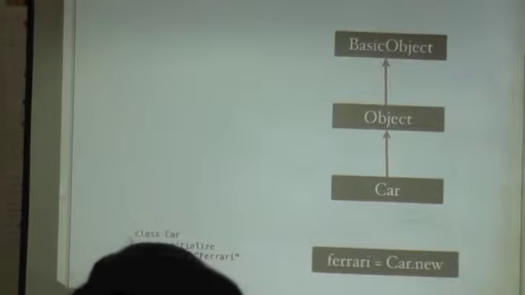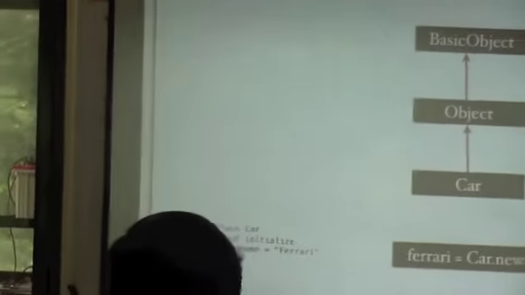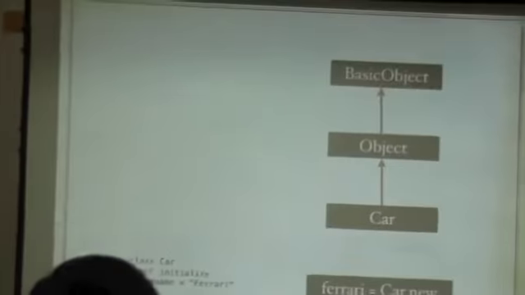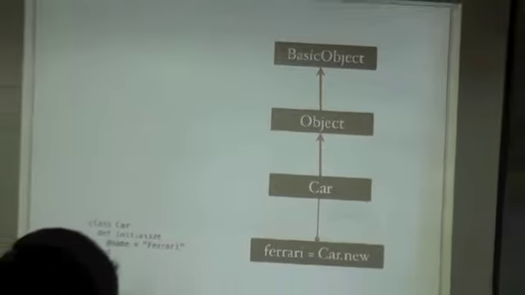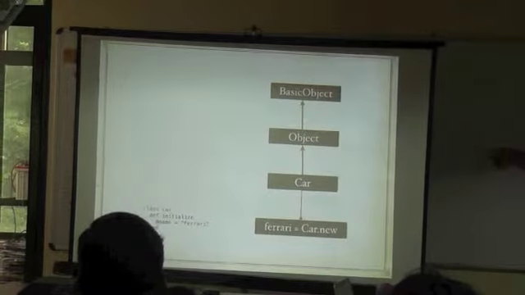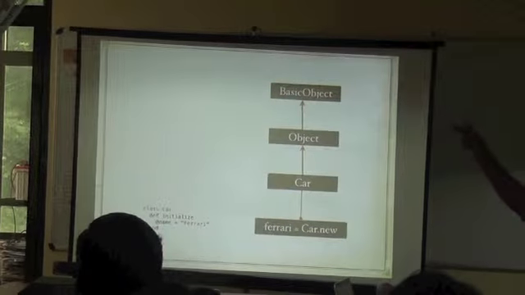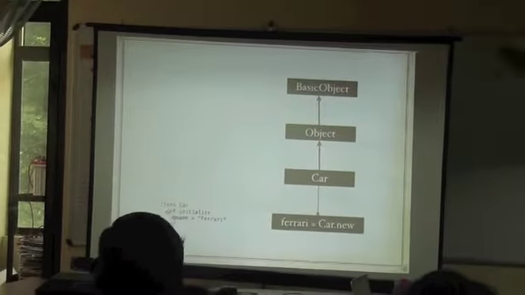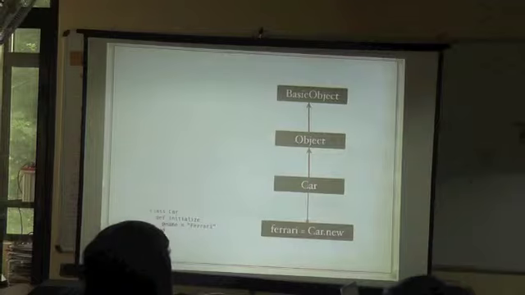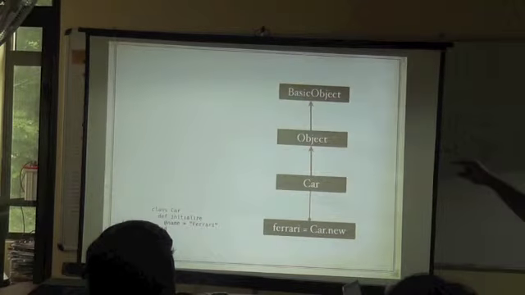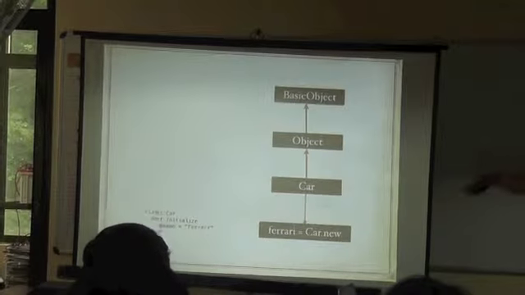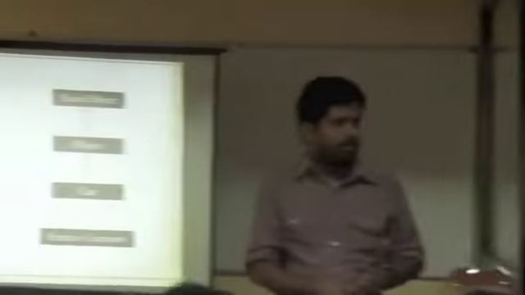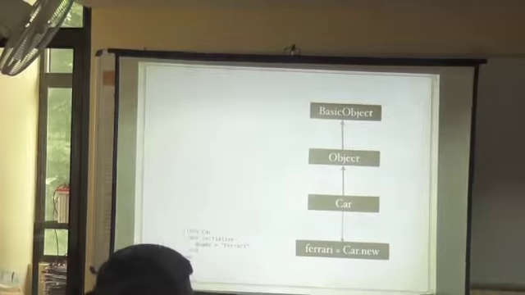Now, I'm creating an instance of this Car class and assigning it to a variable called Ferrari, and that is an instance of the class Car. Since Car is a subclass of Object as well as BasicObject, all the instance methods defined inside Car, Object and BasicObject are accessible from this object called Ferrari. That makes sense to everybody, right? You're getting the gist of it.